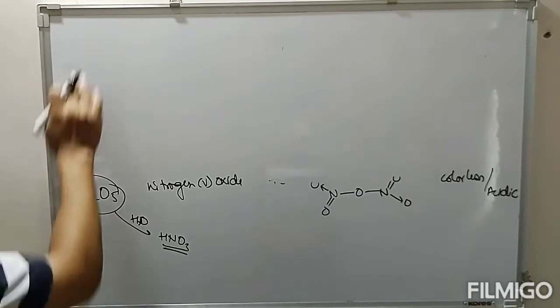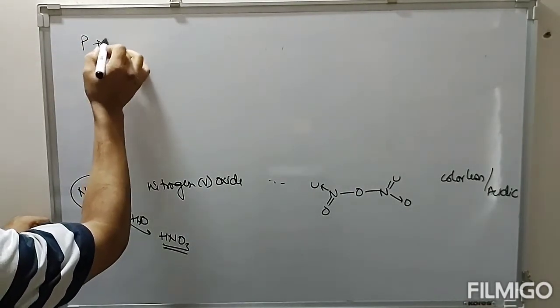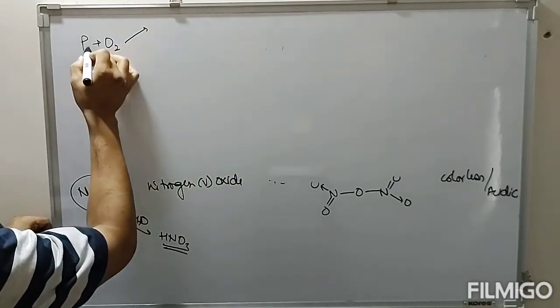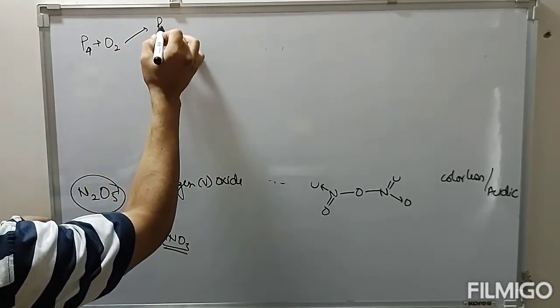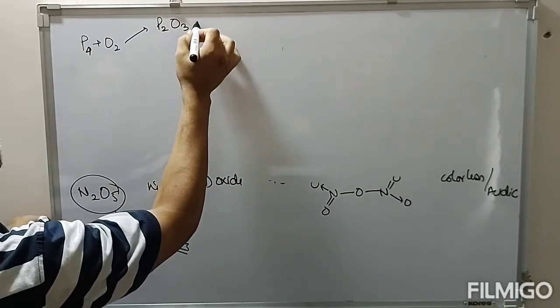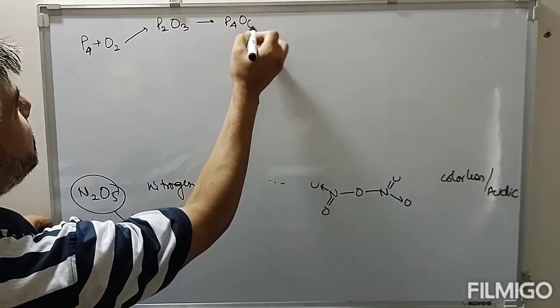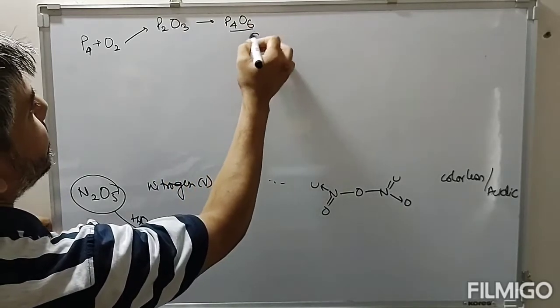Phosphorus mainly forms two oxides. So phosphorus reacts with oxygen to give you P2O3, and this dimerizes to give you P4O6. That is the dimer.